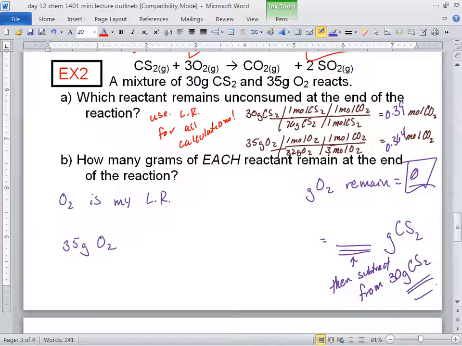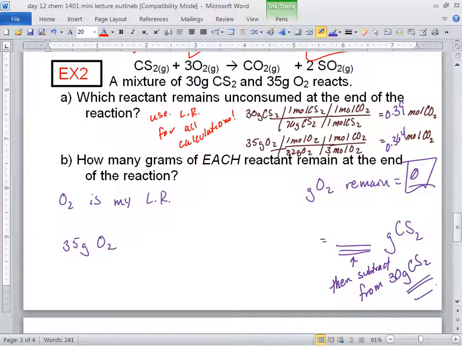Okay. So first you converted both of these to moles of CO2, and then you picked your smallest answer. So this, in theory, is how much CO2 you could get. We really don't care. We're interested in these reactants. So if this gave the smallest answer, that means all of this has to react. Because this is going to be stuff left over. This can make more. So this is all gone, 35 grams of oxygen.